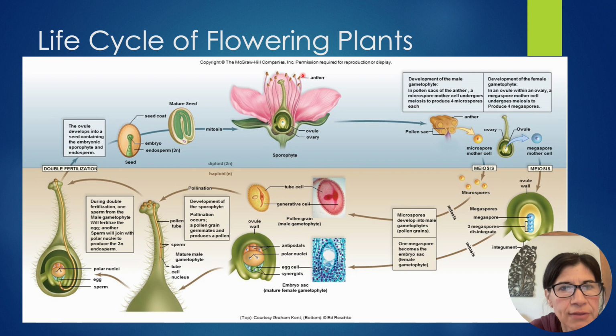The stamen, which had the anther and the filament, right? And the carpel, which had the stigma, style, and ovary. So the anther, right? The anther contains these cells. We're in the sporophytes. Sporophytes produce spores that are going to divide via meiosis to produce these microspores, we call them, which eventually divide a few more times to produce the pollen grains.